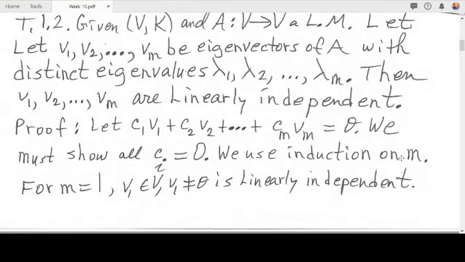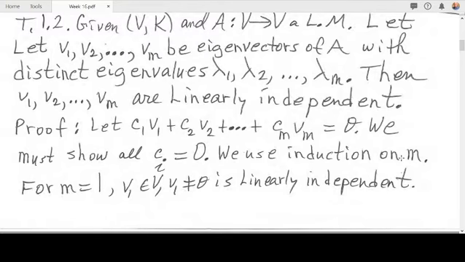The proof is done by induction on m. And so we have to start again, as you know, with a linear combination of the vectors c1 v1 through cm vm equal to the zero vector. And we must show that all the scalars must be zero, by definition, for the vectors to be linearly independent.